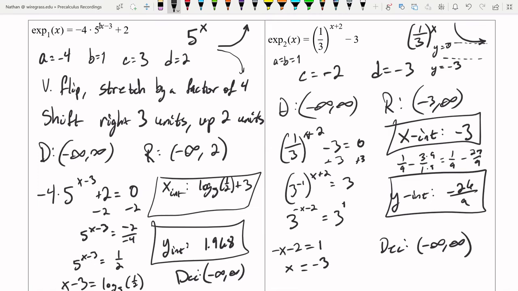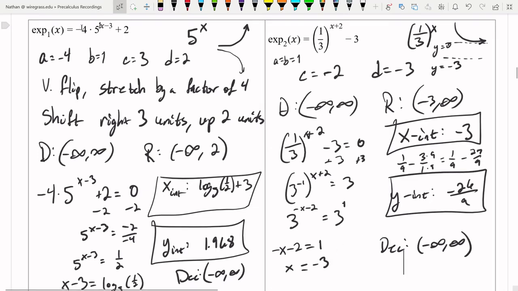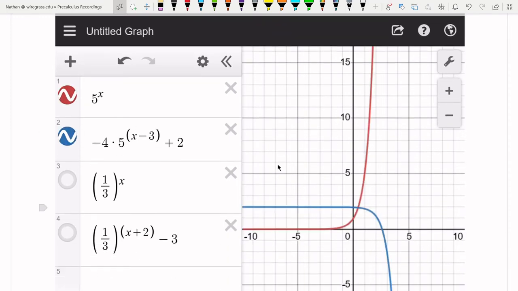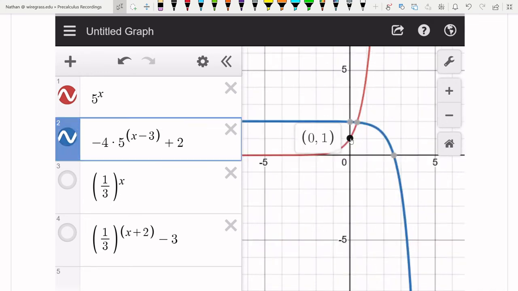Okay, let's actually graph these things and see what they look like. This first one, I have 5 to the power of x and this graph itself. So 5 to the power of x is this red line here. So this point here had been flipped downward to this point here. Then it's been stretched by a factor of 4.